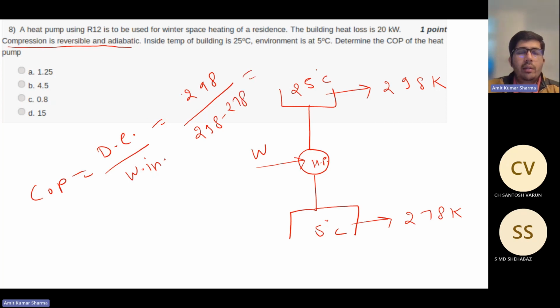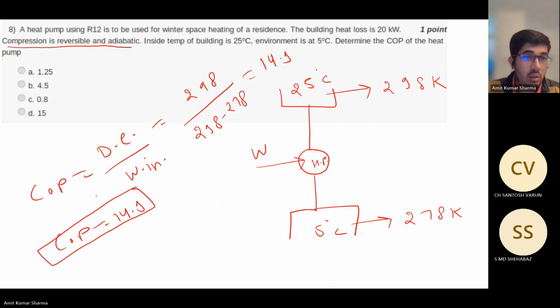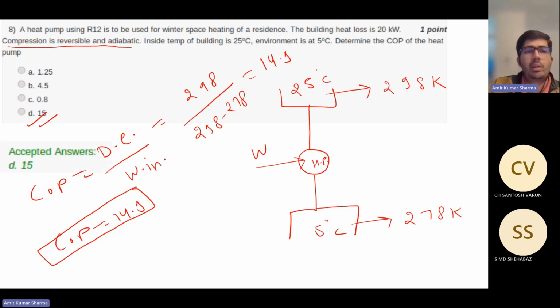You will solve, how much do you get? 15. No, I think it will be 14.9. Tell me the exact answer. It's 14.9 only. So COP is 14.9. But there is no option for 14.9, so we go for the nearest option, which is 15. So the correct option will be option D, 15.